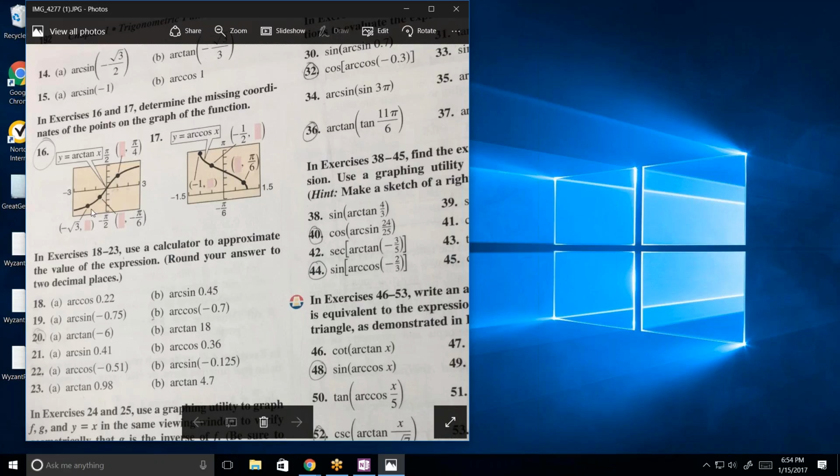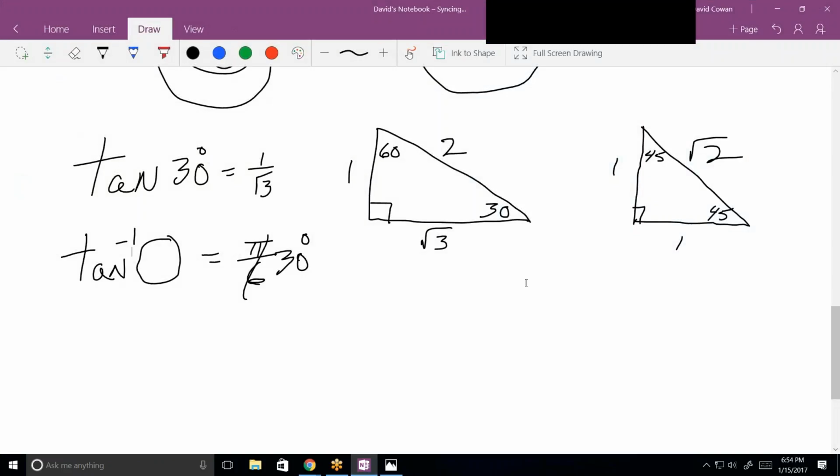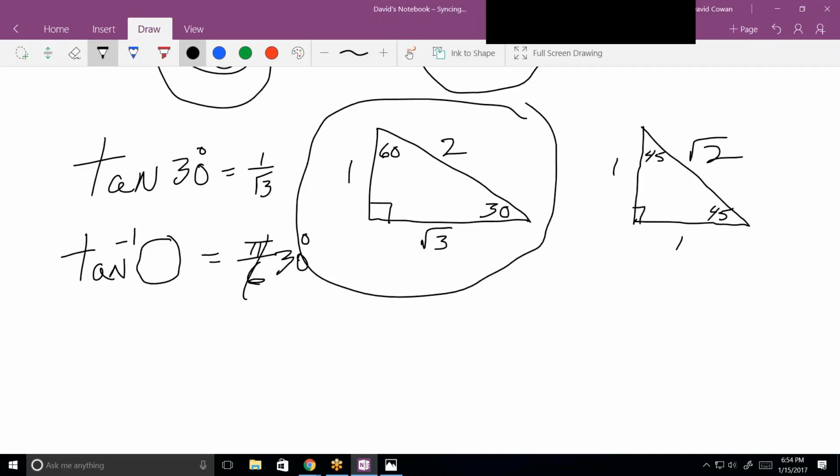Now let's look at that third point on the far left. Here we're missing the y-coordinate. So they want the inverse tangent of square root of 3. Well, if I pull up my graph that I just had, what's the inverse tangent of square root of 3? Looking at this graph, or that triangle, square root of 3 is square root of 3 over 1, right?